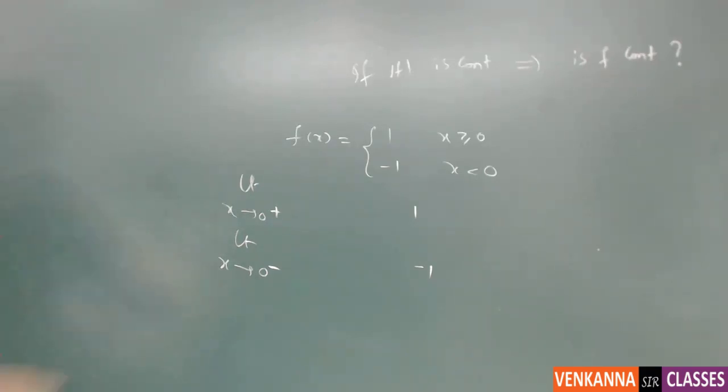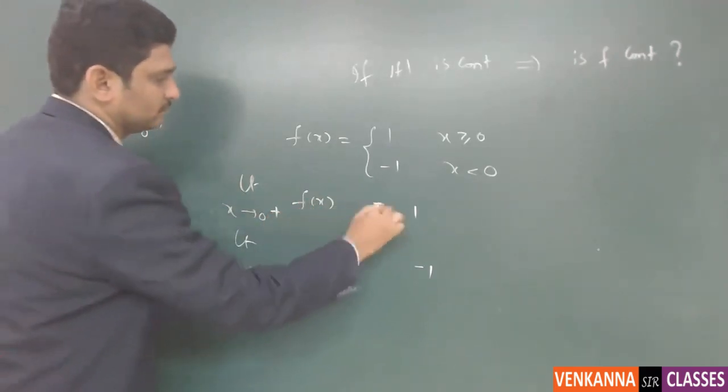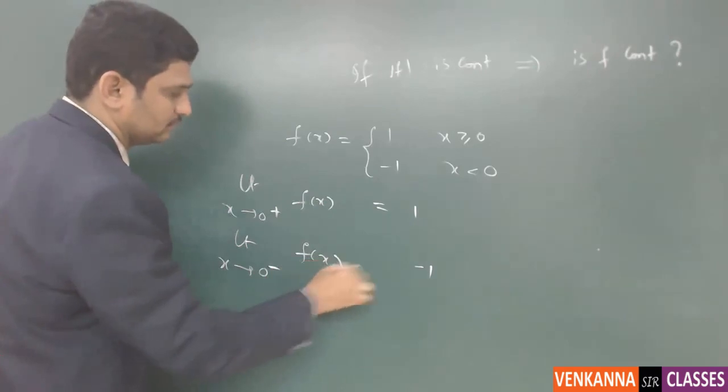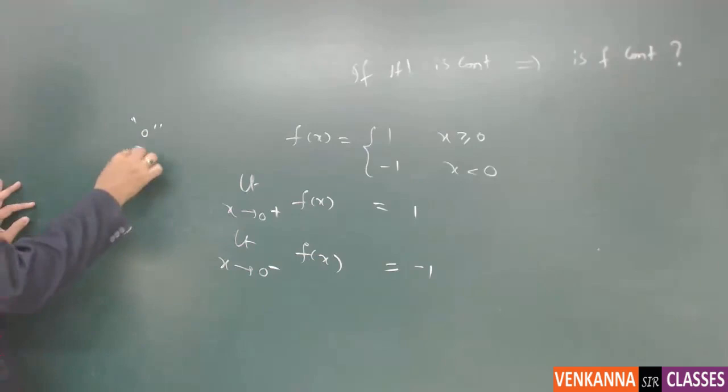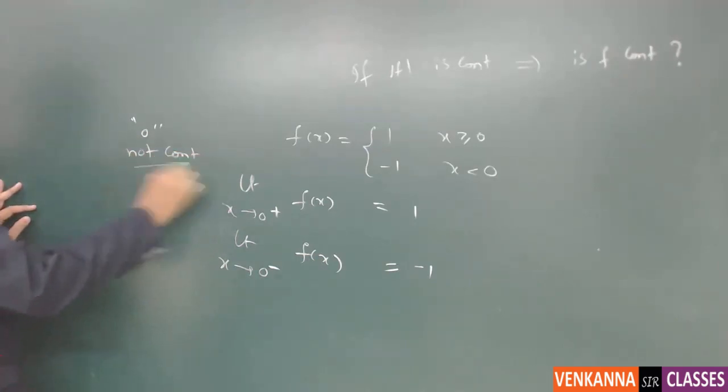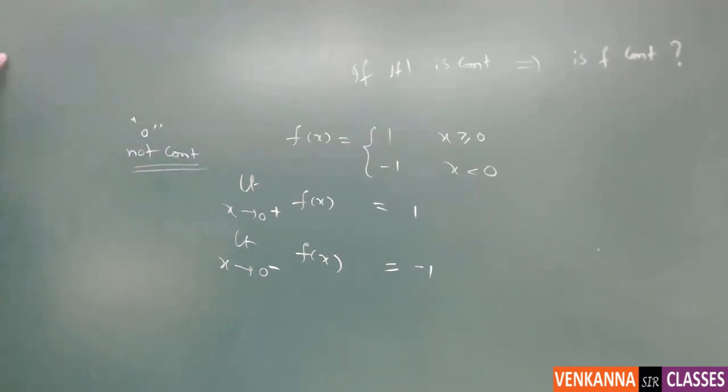So at the point 0, the function is not continuous. Agreed or not? All of you. Because both limits exist, they are unequal, so it has a jump discontinuity.